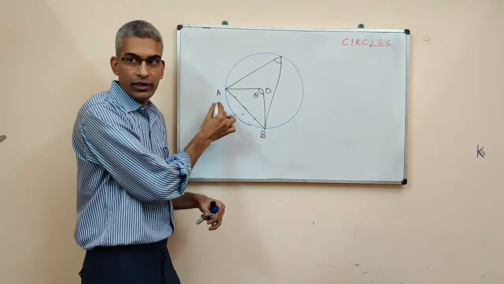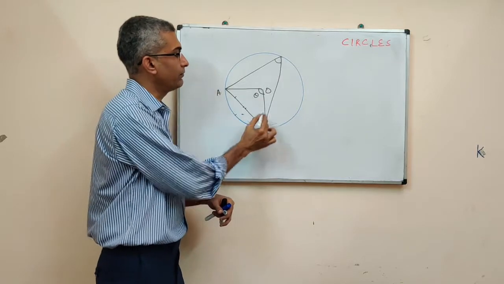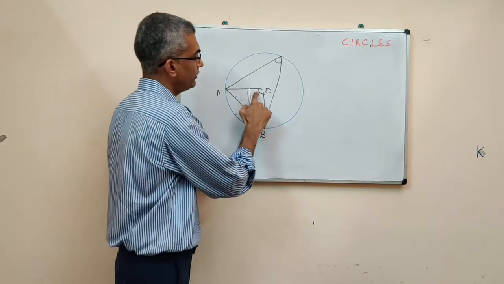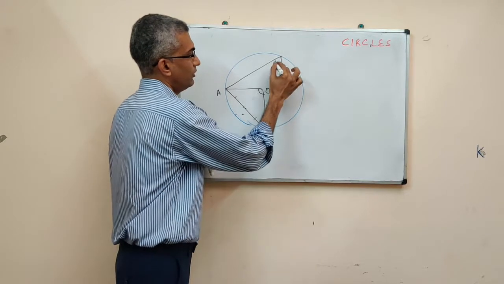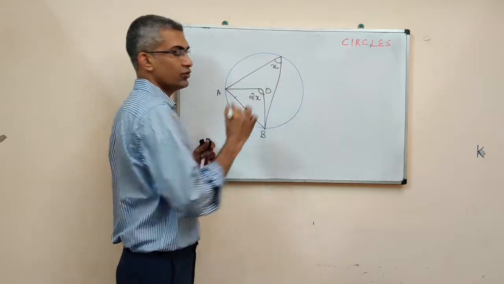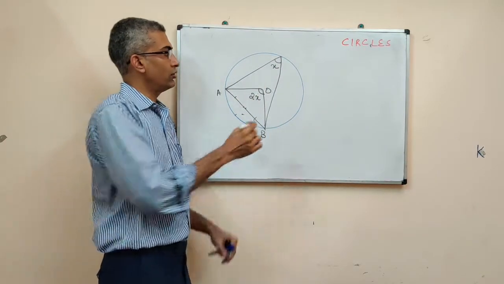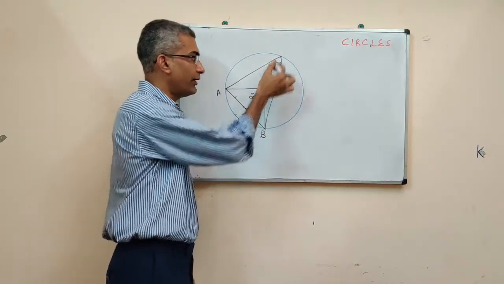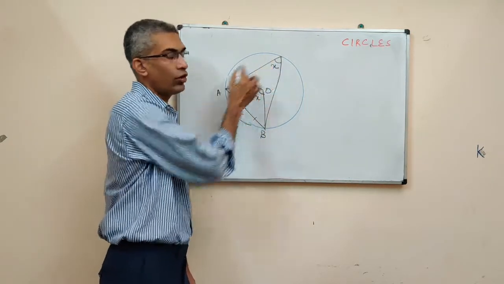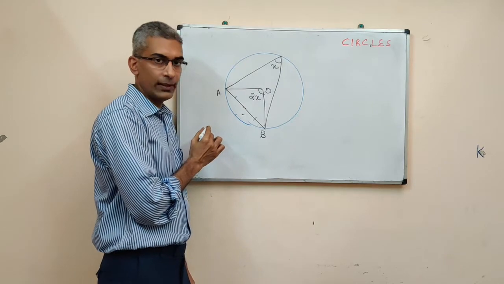Angle subtended by the arc AB on the center, you can say that this angle, if I take this as x, this angle will be 2 times x. That is, the central angle will be twice the angle subtended by the arc on this side, on the same side.